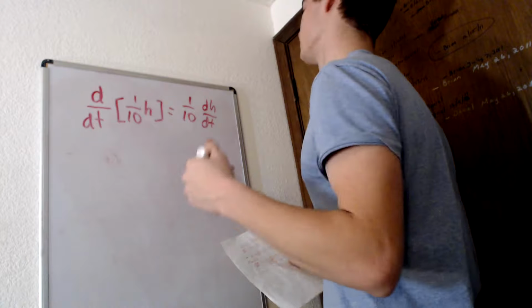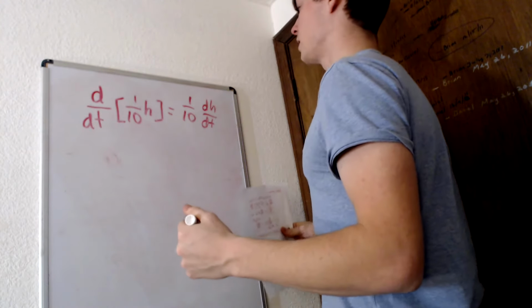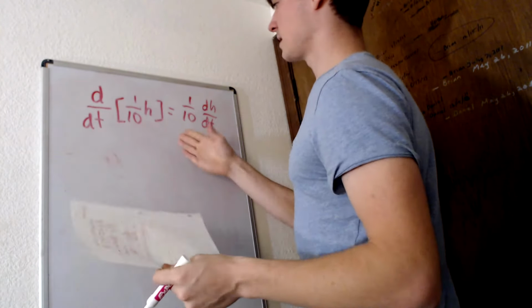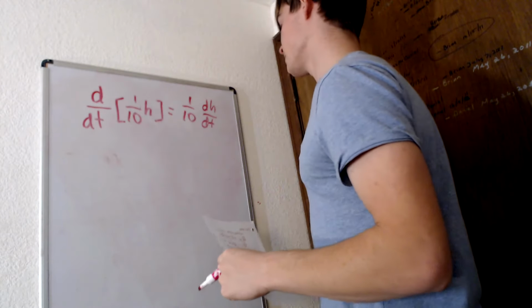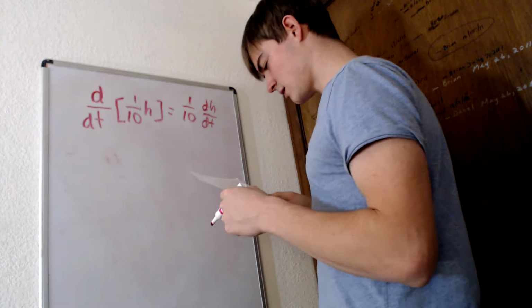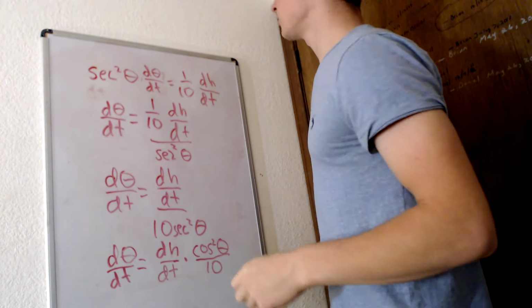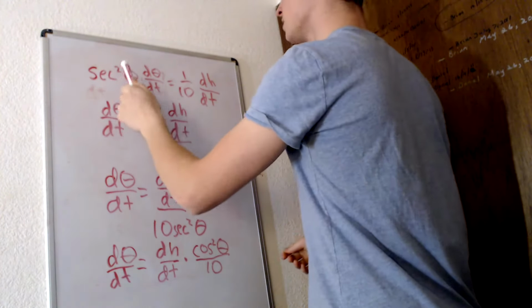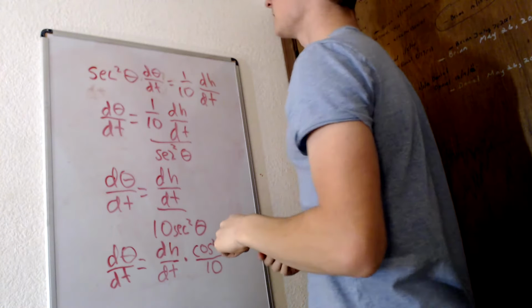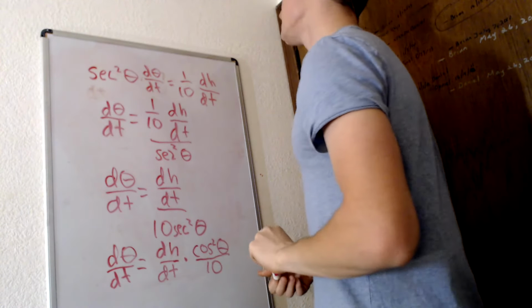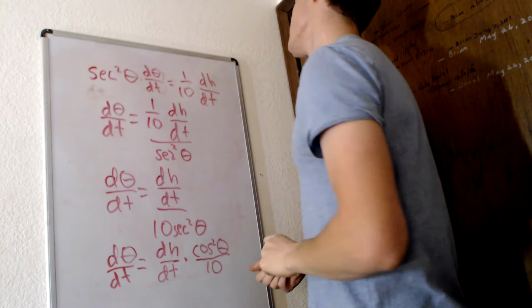We're going to take the derivative of the height with respect to time. And so we can say that this becomes 1/10 dh over dt. Okay, so now that we have taken the derivative of tangent and h over 10, we have secant of theta squared times d theta over dt equals 1/10 dh over dt.